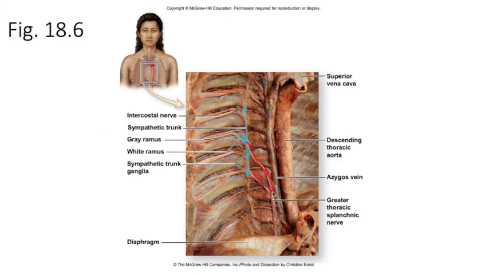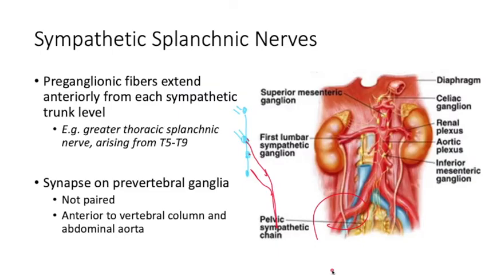You can see these coming together. Those are some splanchnic nerves. They're coming out from the sympathetic trunk, and they're still preganglionic fibers. And they come together to form things like the greater thoracic splanchnic nerve. Don't care that you know those specifics. Just know that preganglionic fibers in this pathway become splanchnic nerves. That's what we call them after they leave the sympathetic trunk.